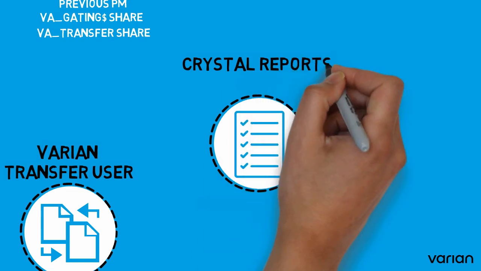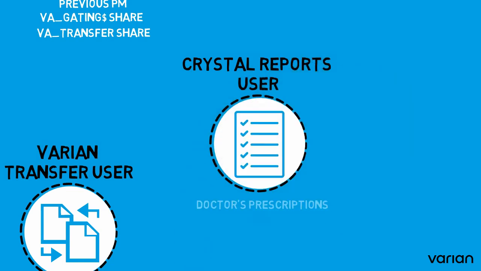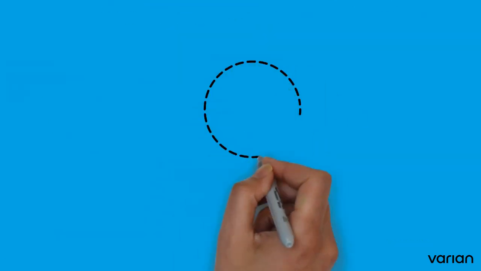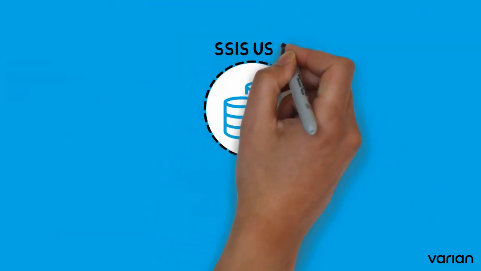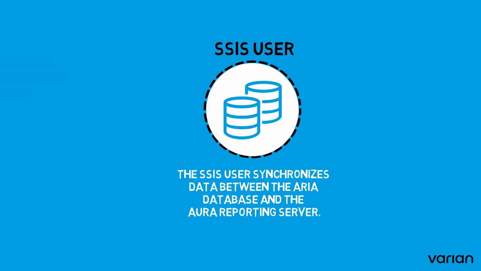With the Crystal Reports user, ODBC connections are used for doctors' prescriptions. This user doesn't need to be part of the group, but will have access to SQL. The SSIS user synchronizes data between the ARIA database and the Aura reporting server.